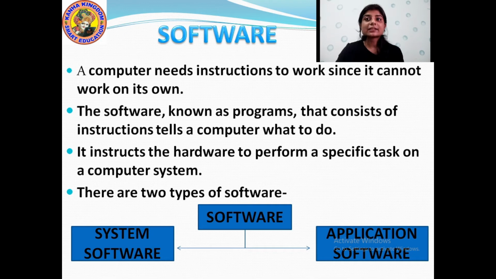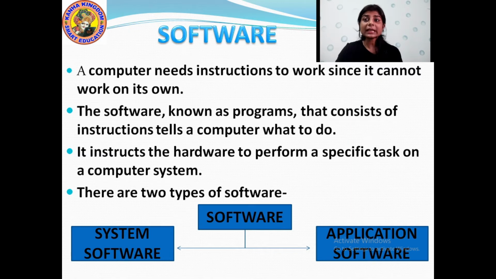Okay? It instructs the hardware to perform a specific task on a computer system. It instructs the hardware means we instruct the computer system with the help of the hardware to perform. That is called software. It is a program inside a computer by which a computer can perform whatever we instruct.